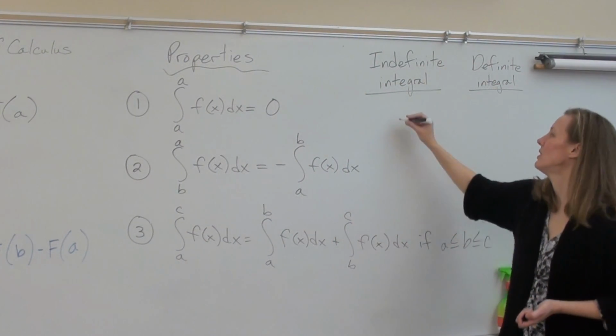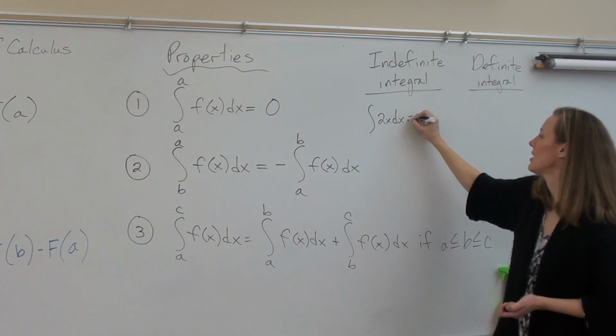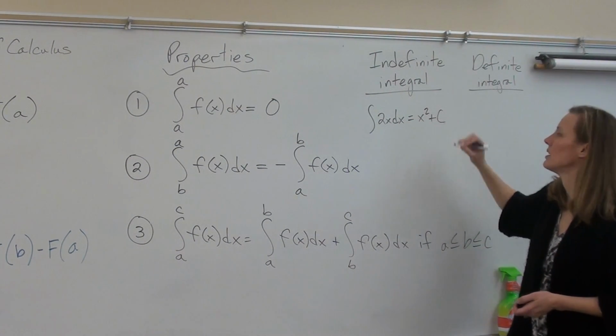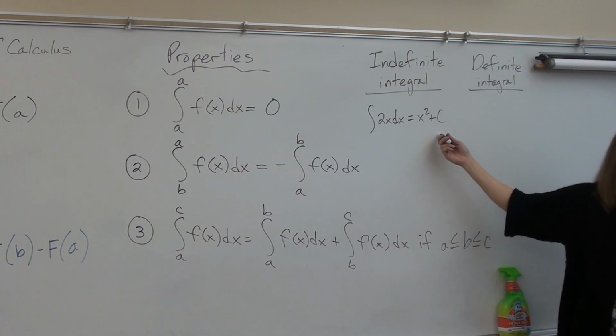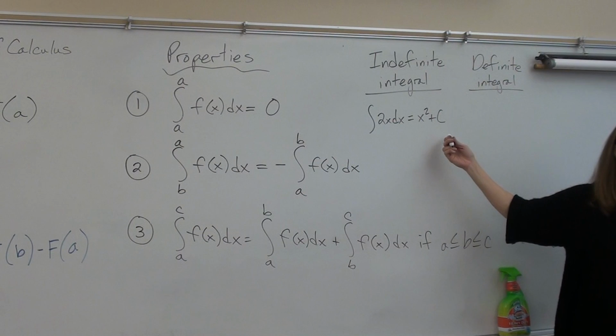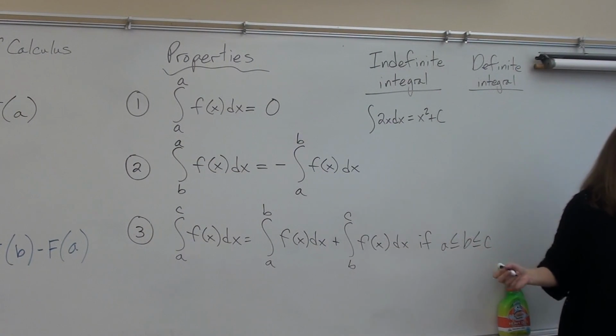An indefinite integral would be like the integral of 2x dx equals x squared plus c. So an indefinite integral is basically just the antiderivative. The answer is a function, and it's a function that helps you find the area under this curve. It's like an area finding function.